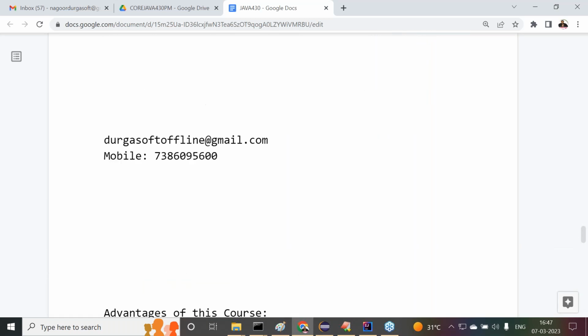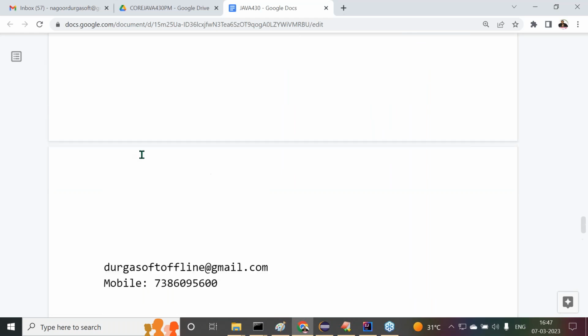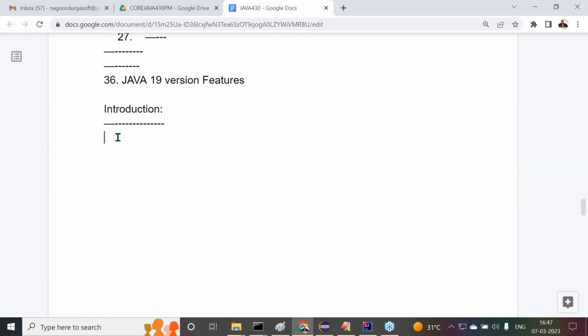So let's move on to the topic here. Introduction topic today we have to start. In this introduction part, the very first topic is Java history. Second one is differences between Java and others. Others in the sense you can understand C and C++ mainly. What is the requirement to come for Java when compared with C and C++?